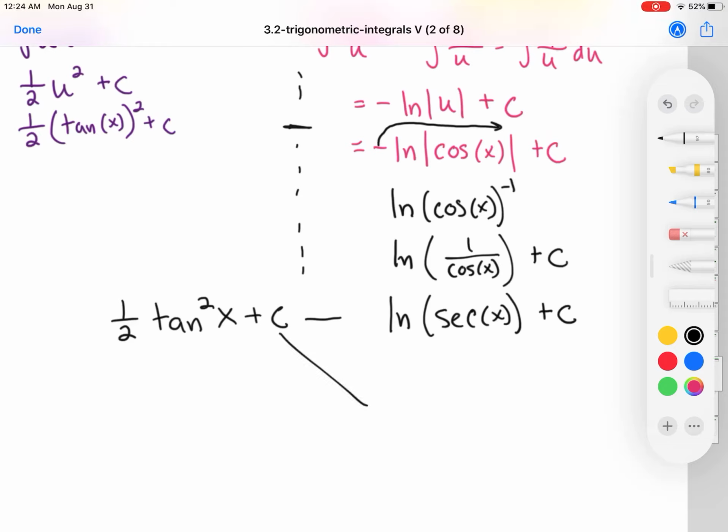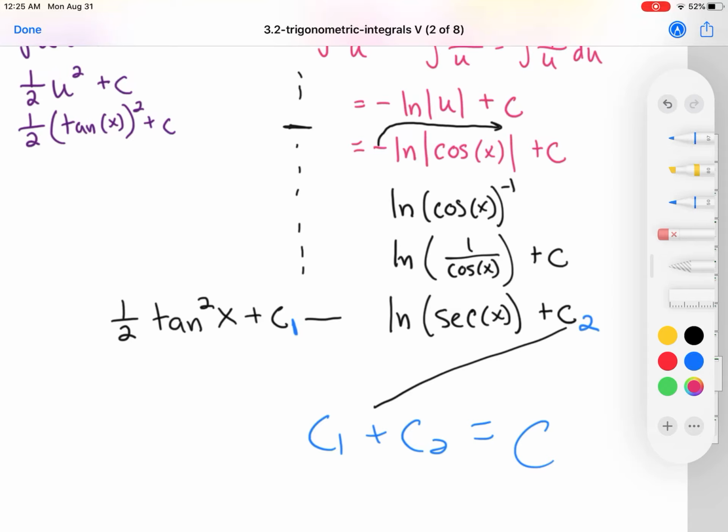What is a constant plus a constant? It's just a constant. So if we called this left one c1 and we called this other one c2, we would just say that c1 plus c2 is equal to big old C. Some constant plus another constant is equal to another constant. Who cares what they are? I don't. Let's just call it C.